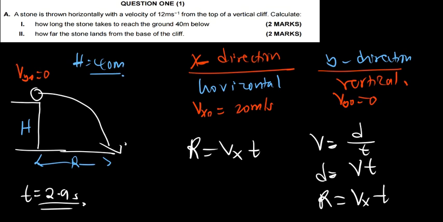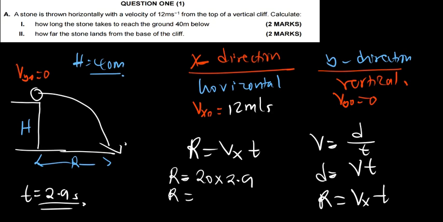Now I can clearly see that my Vx is 20, the time is 2.9, so my range will be 2.9 times 20. Oh, it's 12. My velocity is 12. I don't know where I was getting 20.